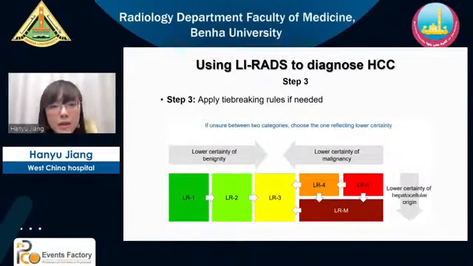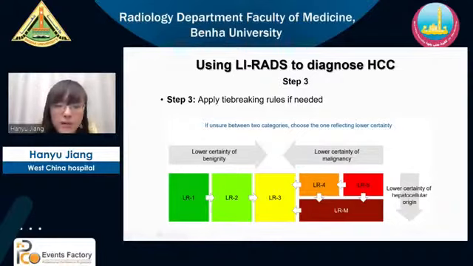The second component of step 3 is adjusting the category assignment between two different categories. That is, if you are unsure or uncomfortable between two categories, choose the one reflecting lower certainty of HCC.